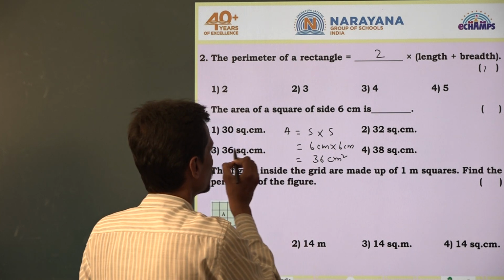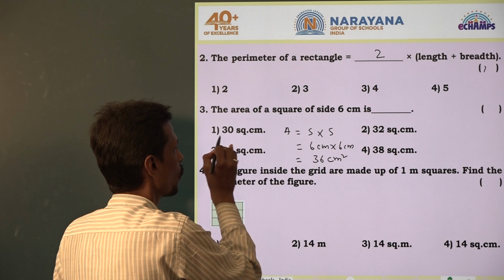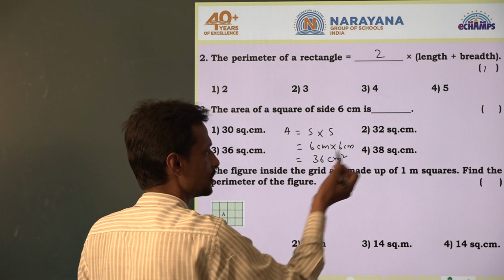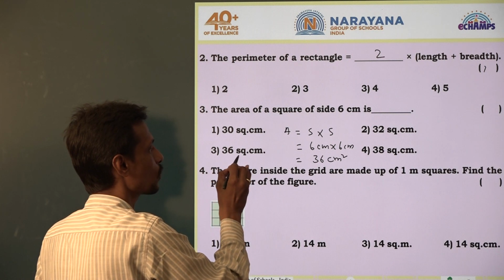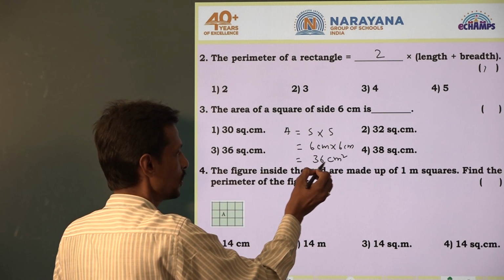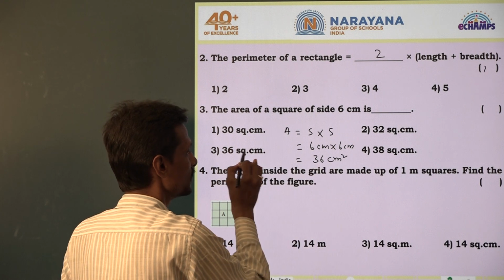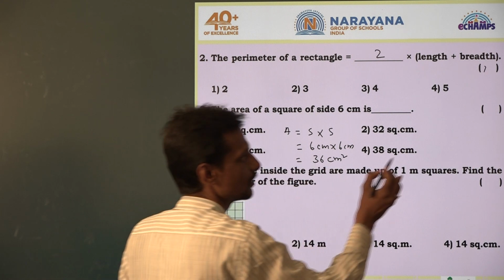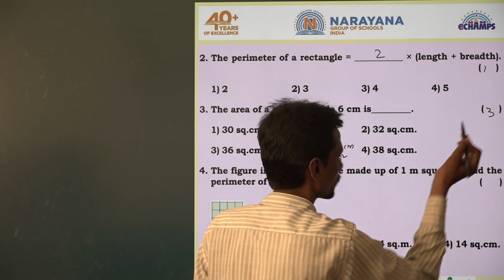So here 36, in given options, one is 30 square centimeter, second one 32 square centimeter, third one 36 square centimeter. So our answer is 36 square centimeter. So third option is correct.